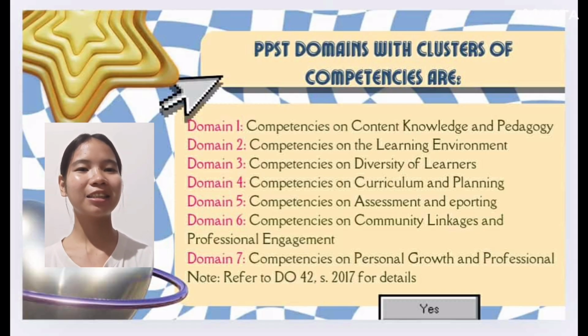And lastly, domain 7, which is about competencies on personal growth and professional development. So teachers here should continue learning new skills to become better educators. So for example, a teacher joins seminars or training to learn new ways of teaching students.